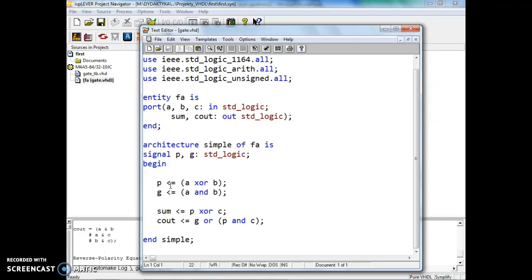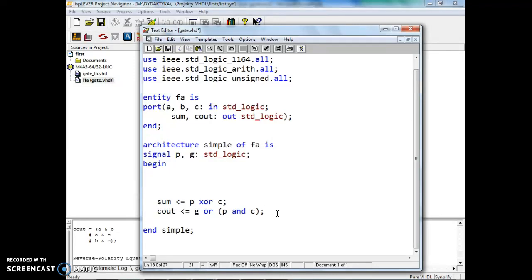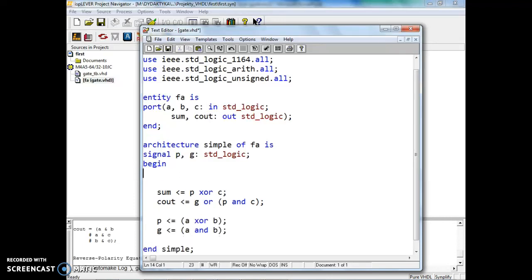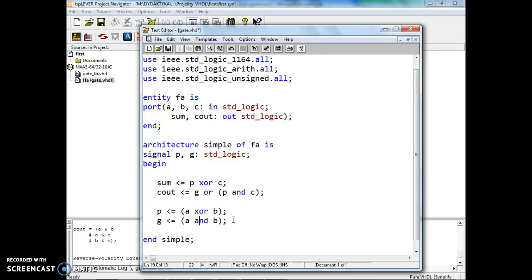All right, so let's have a look. What will happen if I change the order? I use P and G first, and then calculate P and G values. In a programming language, it is not a correct approach. You must initialize P and G to be used in the consecutive lines of the program.